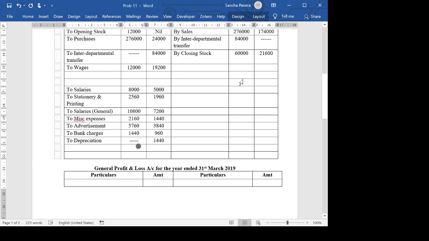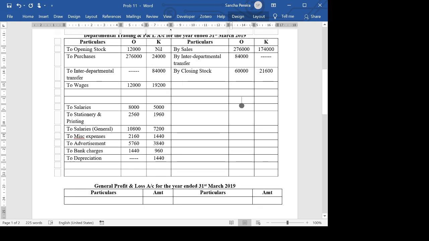So the total here is, let's get the total. 1,74,000 plus 21,600, which comes to 1,95,600.